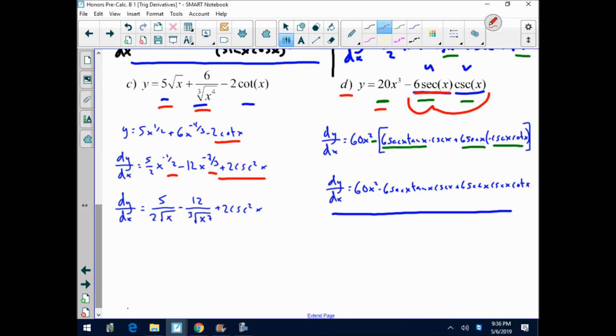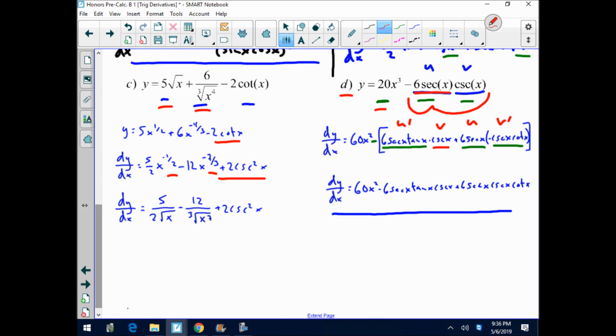So we've got our 6 secant x as our u, and our cosecant x as our v. And so we would say that our derivative is going to be a u prime of 6 secant x tan x times a v of cosecant x, plus a u of 6 secant x times a v prime of negative cosecant x cotan x.